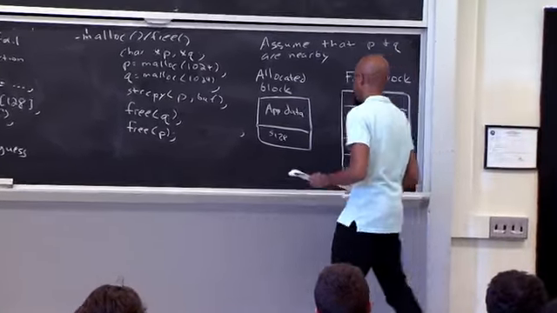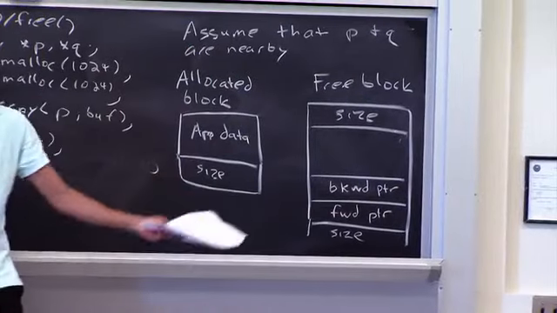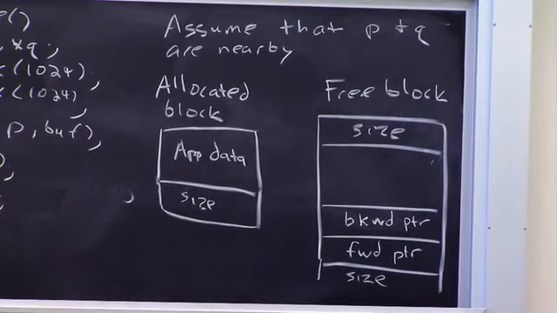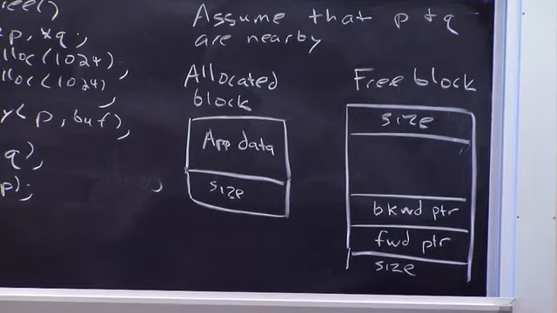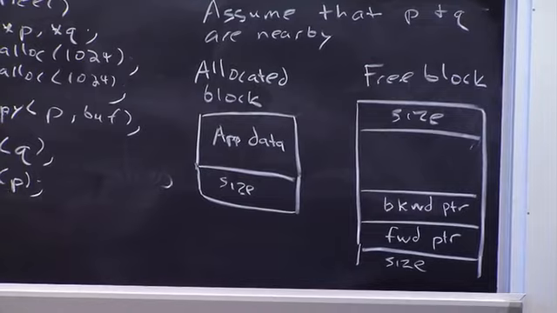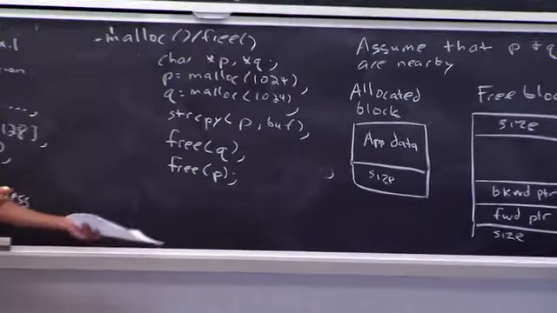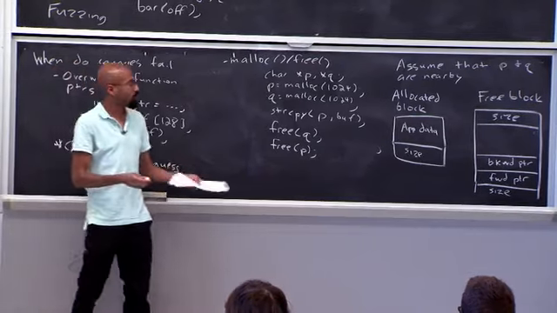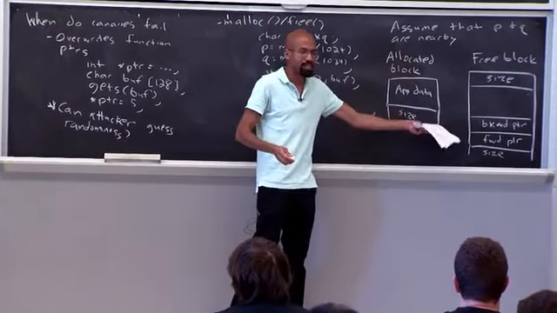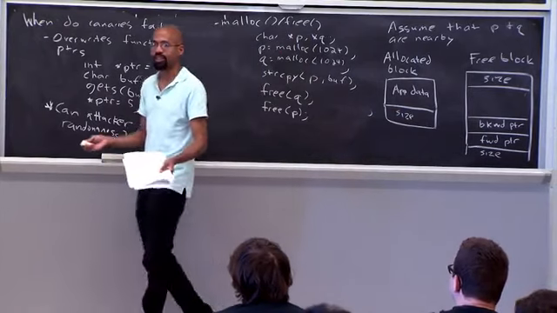And maybe you've got some size data here. Now, why do we have these two pointers? It's because the memory allocation system, in this case, is using a doubly linked list to track how the free blocks are related to each other. When you allocate a free block, you take it off of this doubly linked list, and when you deallocate it, you do some pointer arithmetic, fix these things up, and add it back to that linked list.